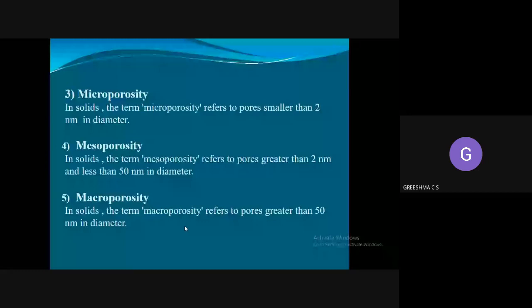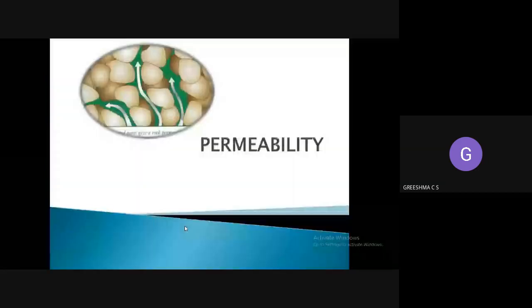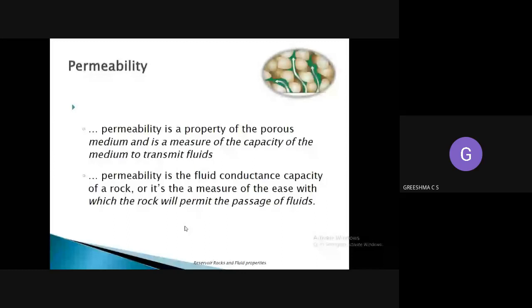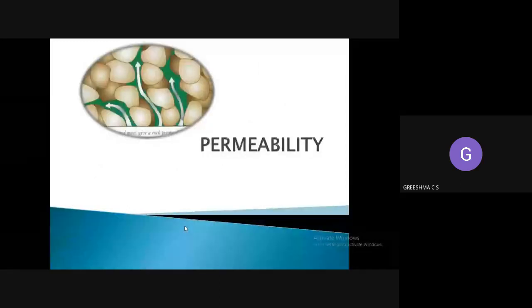Now coming to the next one, permeability. That's about porosity. What is permeability? Porosity and permeability are connected words. Porosity means the void space between the rocks.